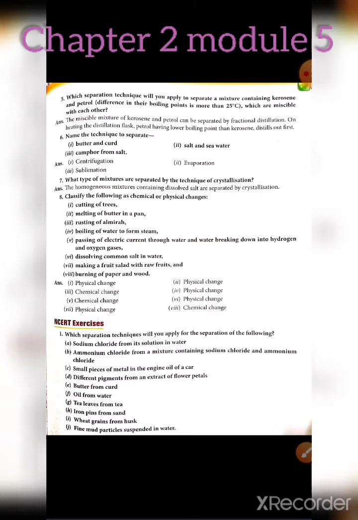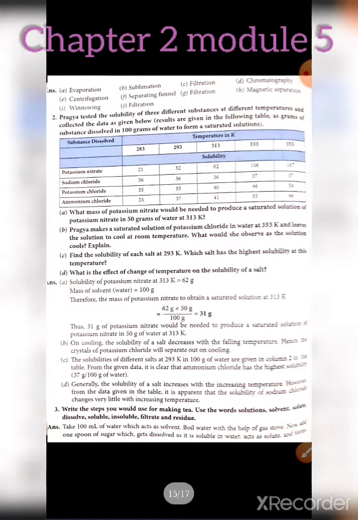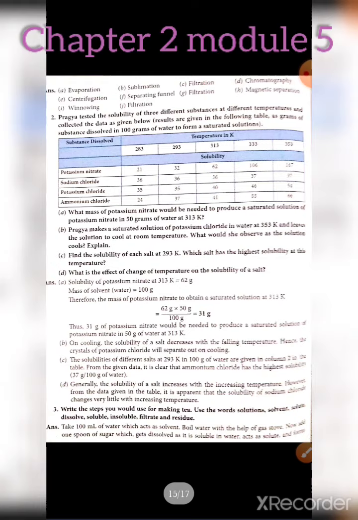Now the next is NCERT exercises. The question number 1 is, which separation techniques will you apply for the separation of the following? This will not come in the syllabus because it is related to separation techniques, but the answers are given here. And question number 2 is related to the solubility.